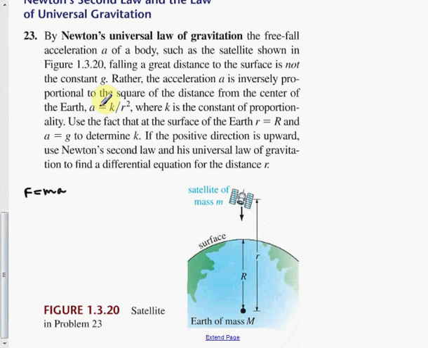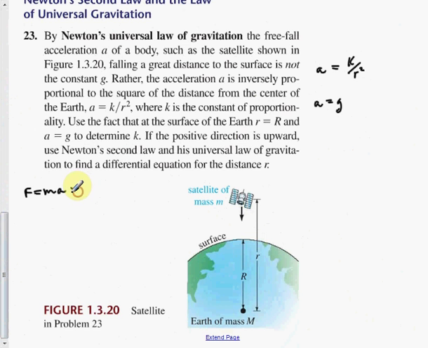They tell us that here the acceleration is equal to k all over little r squared. And also use the fact that at the surface of the Earth, little r is equal to capital R, and that here A is equal to g. And from there, they want us to be able to write the differential equation.